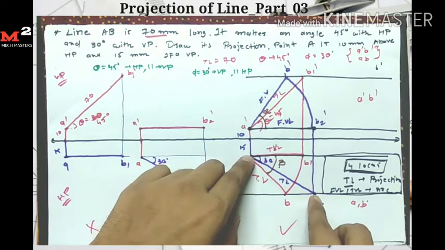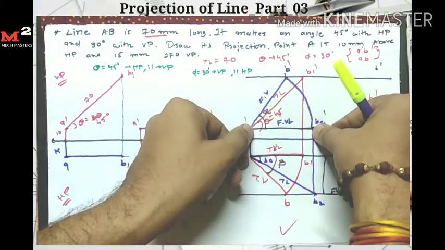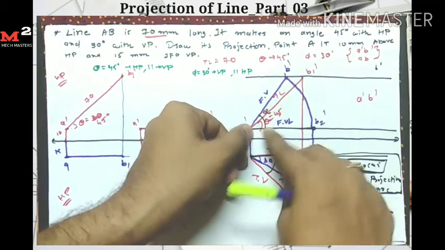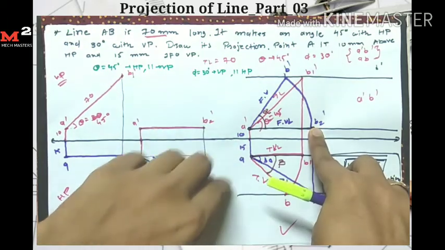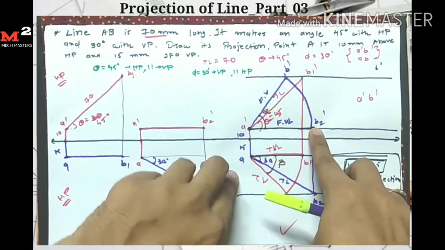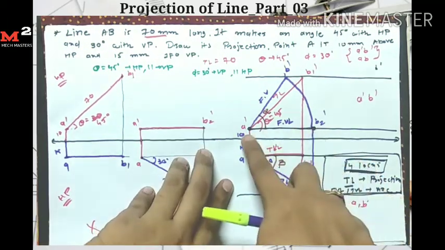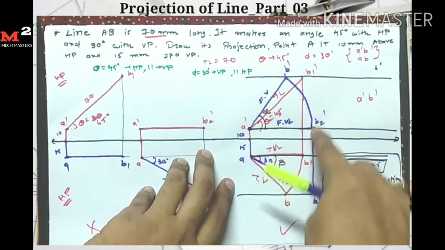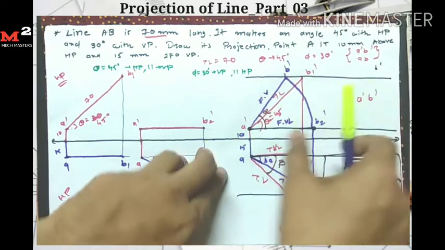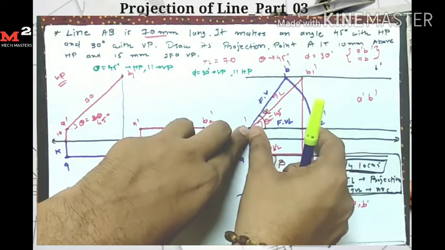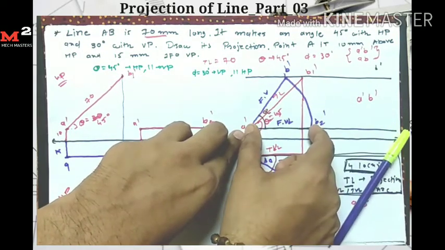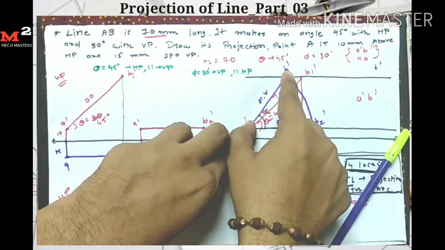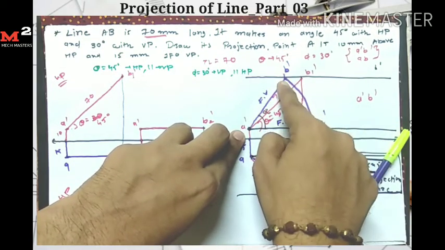Similarly, for this true length I take the projection on the vertical plane, so I get my front view length here. Now find the final front view. For B dash I have two conditions: its distance from A dash is equal to the front view length, and B dash lies on this locus. So I take A dash as the center and the front view length as the radius and draw an arc which intersects here.